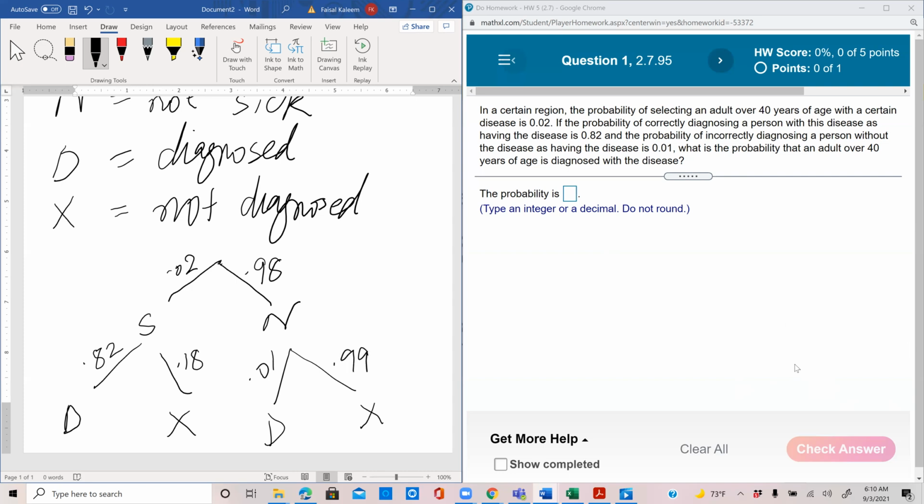So this is the tree we have, and we are to find the probability that a person is diagnosed with the disease. D is for diagnosed. So we have to look at all those branches that end up with diagnosed and multiply the values across. We have a diagnosed over here, and a diagnosed over here. To reach this diagnosed, we go through this branch, so it's 0.02 times 0.82.